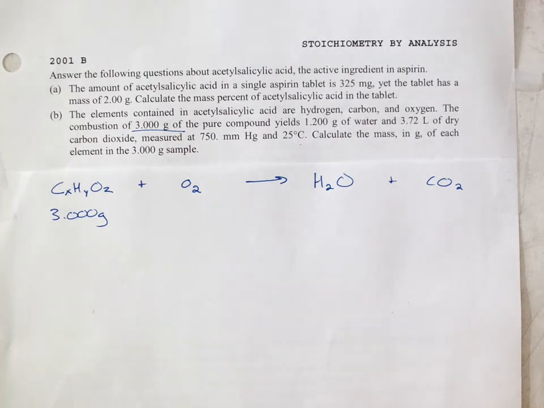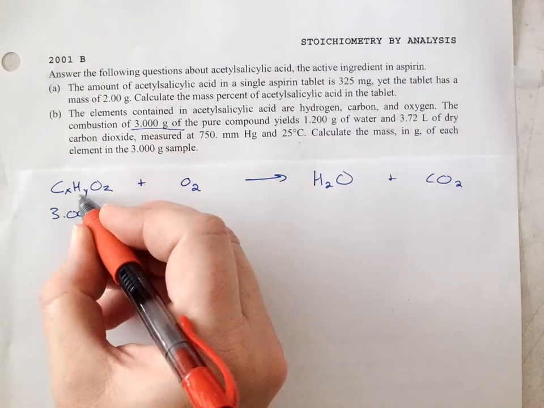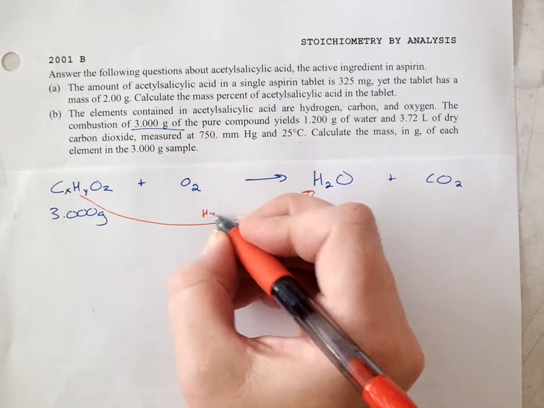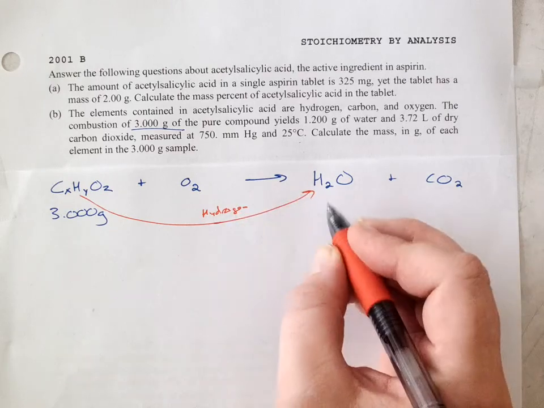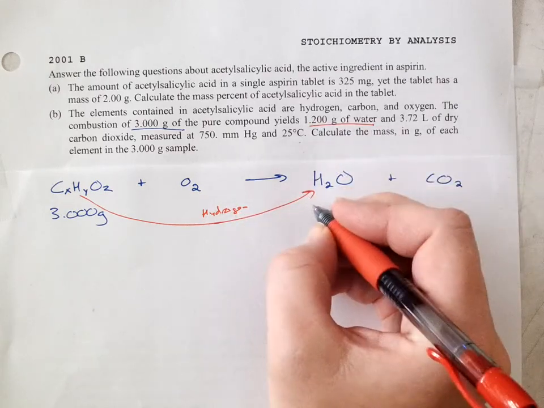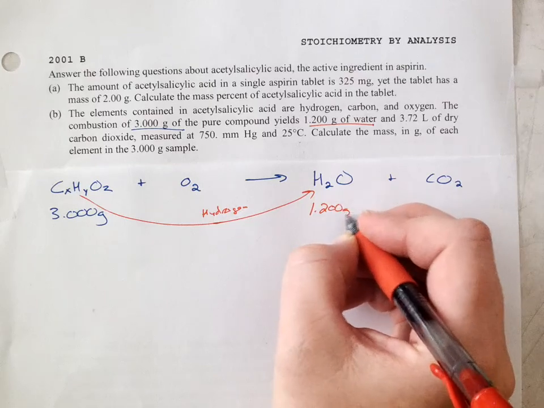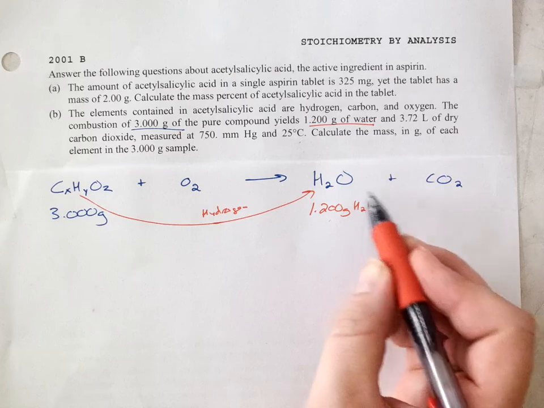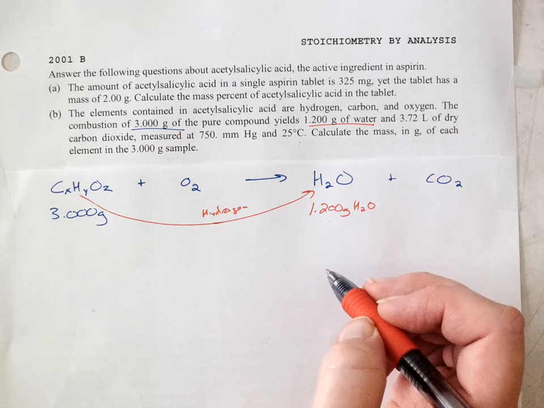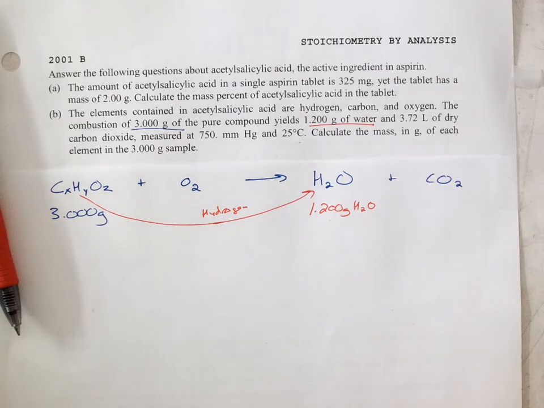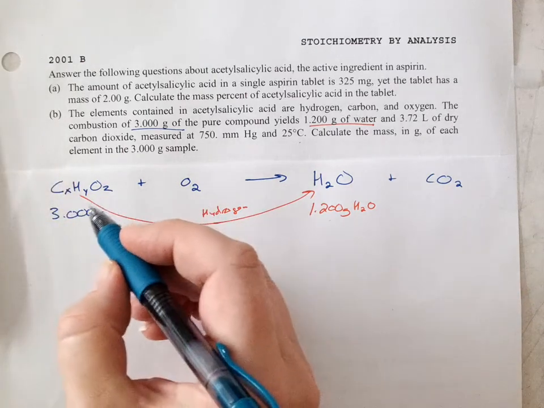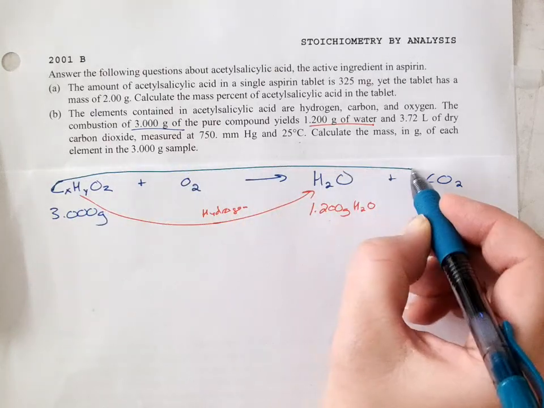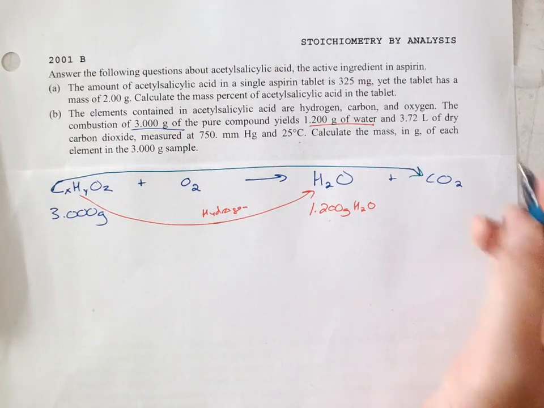My hydrogen, all my hydrogen, ends up in the water. They tell me the mass of the water, 1.200 grams. So I can use a percent by mass to pull the mass of hydrogen out of this. I can also see that all my carbon ends up in the carbon dioxide.